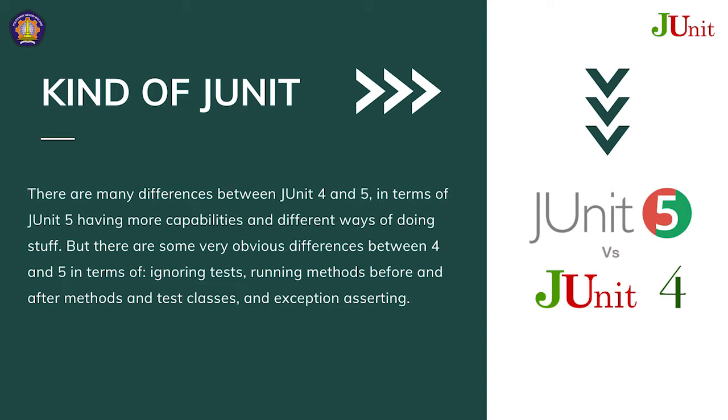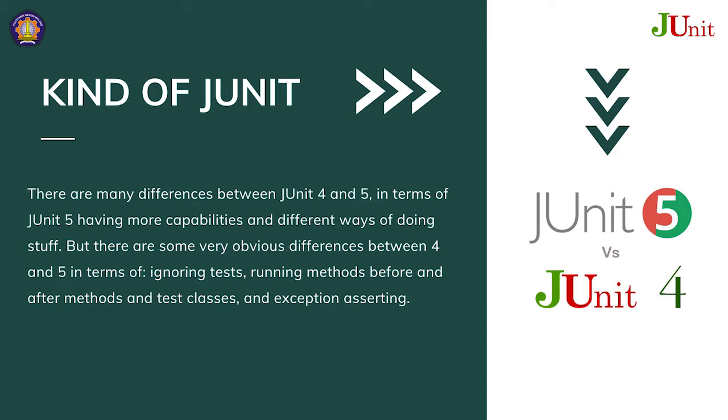Another difference is the version of JDK. In JUnit 5, the JDK version has to be Java JDK 8 minimum or higher. Meanwhile, JUnit 4 only requires Java with JDK version 5 or higher.